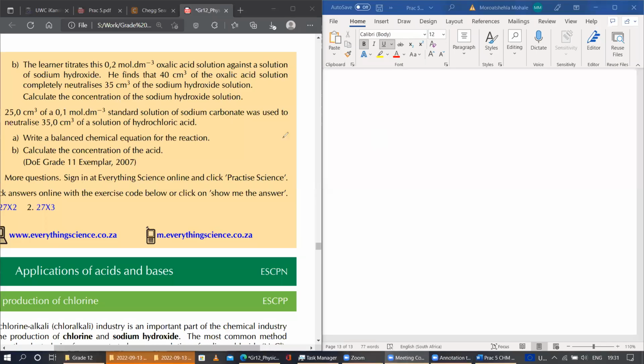So for the equation, they say we have a solution of sodium carbonate, so that's gonna be NaCO3 that is used to neutralize hydrochloric acid. It's gonna be HCl.